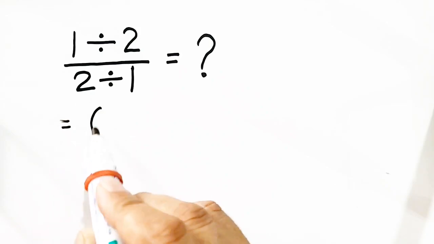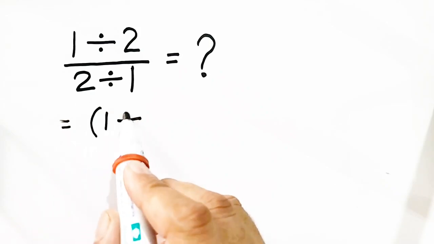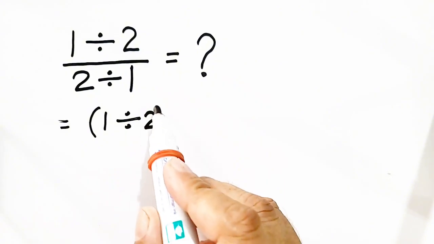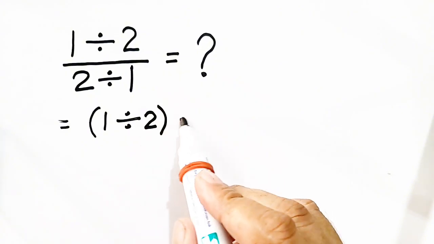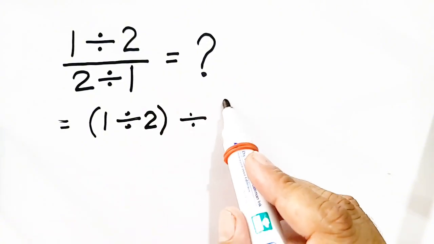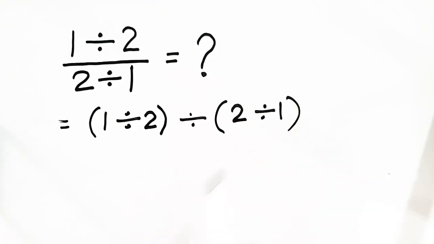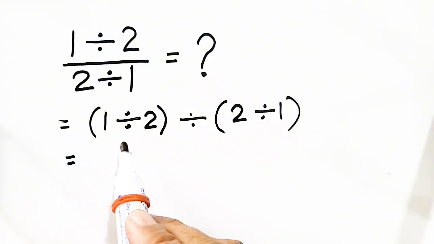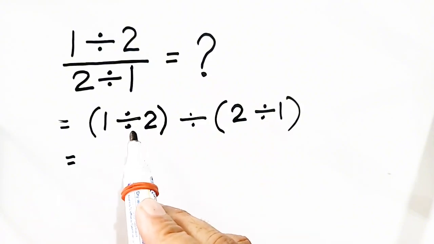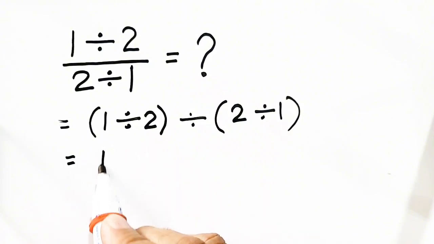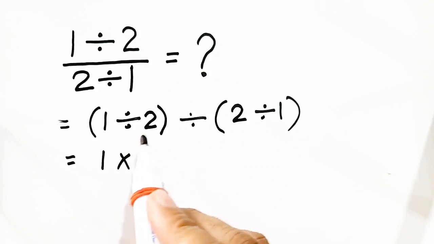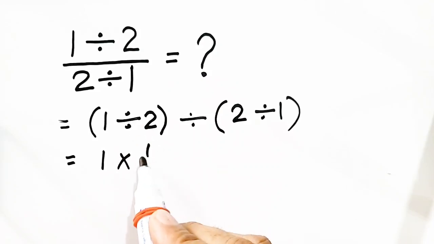1 divided by 2 can be written as in one parenthesis, 1 divided by 2 divided by 1. So here we will apply the KCF rule: keep it, change it, and flip it.